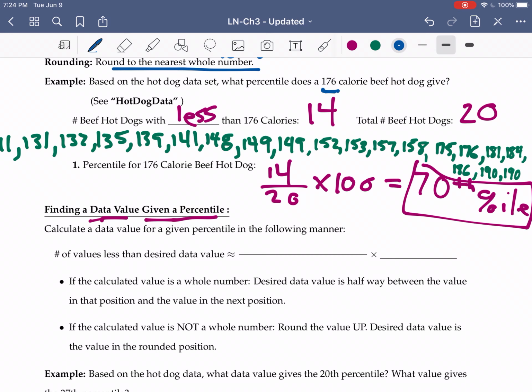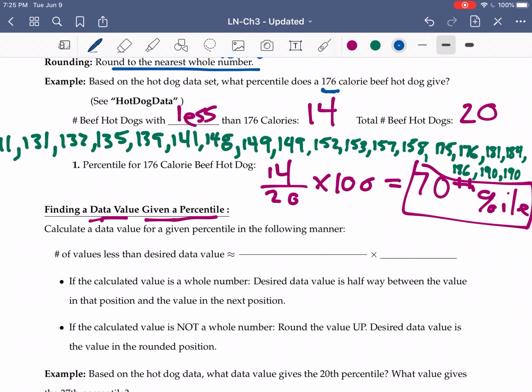In particular, we have 20 different data values here. We want to think about using those values to split up the data into 100 different pieces. Well, we're not going to be able to do that with 20 different values. So some of those values will represent more than one percentile when we go in that reverse direction.